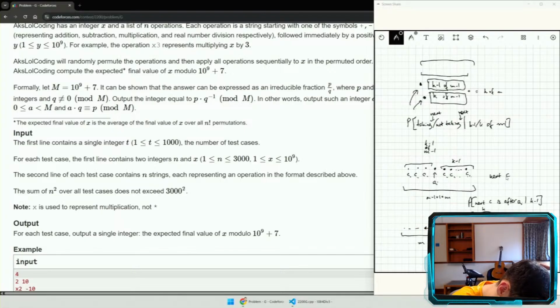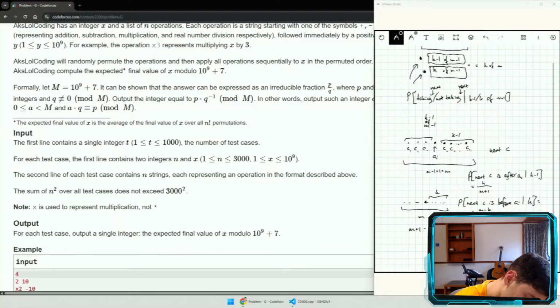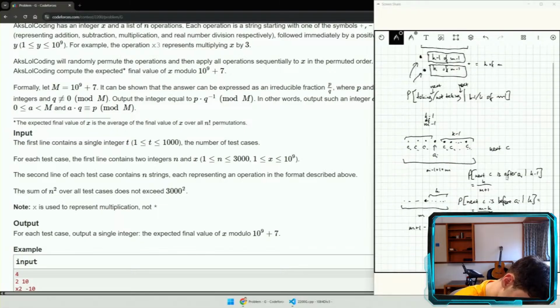And now it's how many slots? There are m plus 1 slots in total, and k plus 1 of them don't work. So m minus k slots are good. So m minus k in k plus 1 slots. And so these are the conditional probabilities. They're actually quite simple.